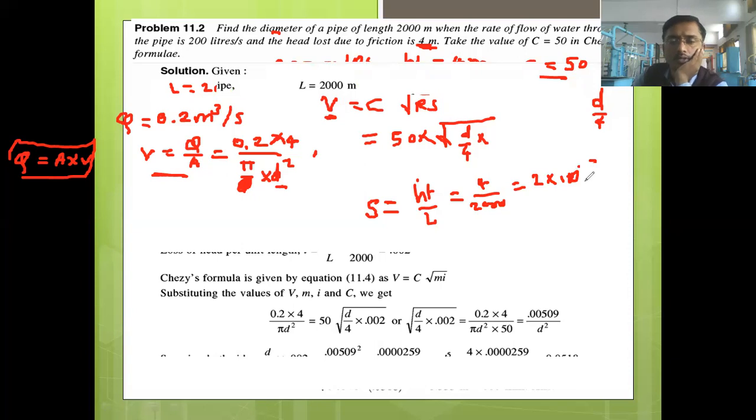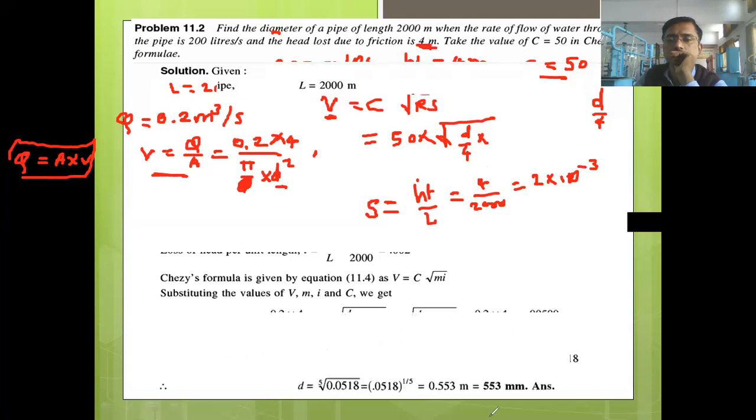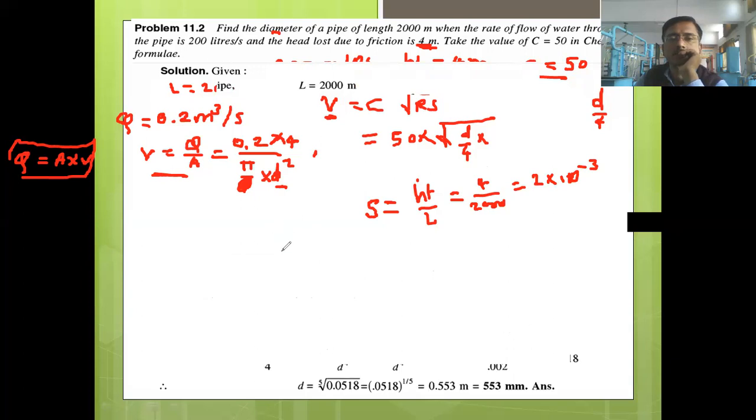ठीक है. So now put this value in this equation. V is equal to now 0.8 by pi into d square is equal to C value is 50 into under root of d/4 into 2 into 10 to the power -3. Okay. Now take the square on both sides.